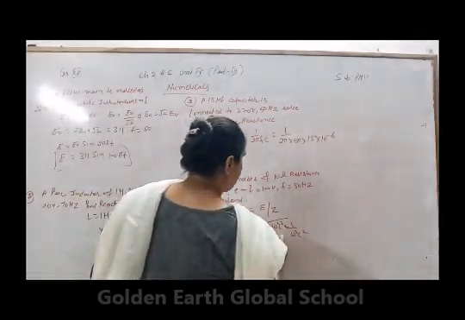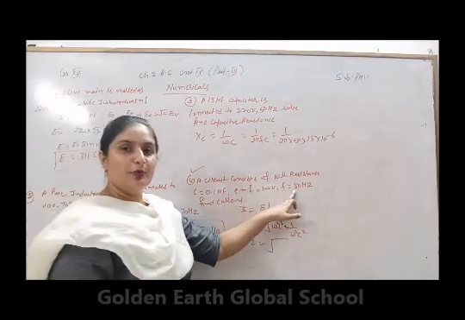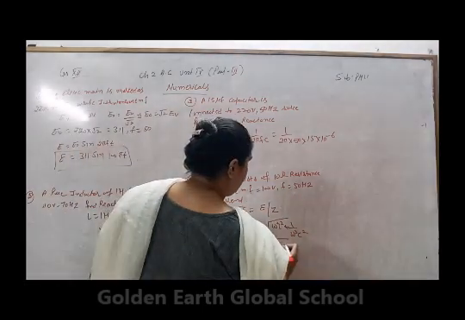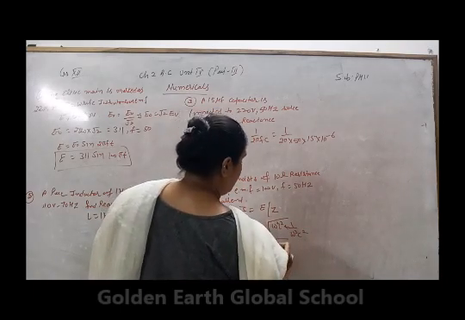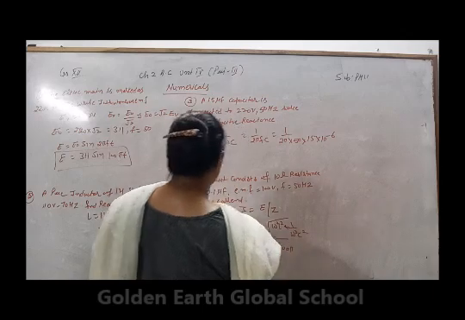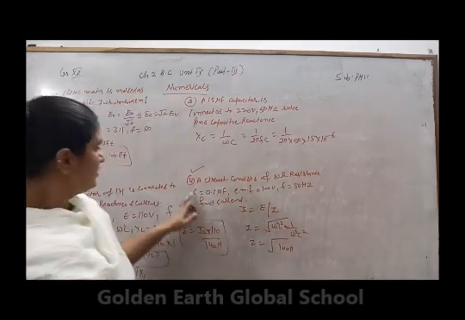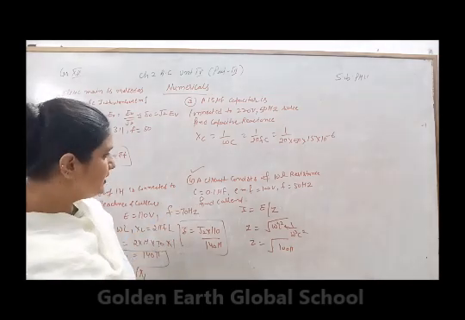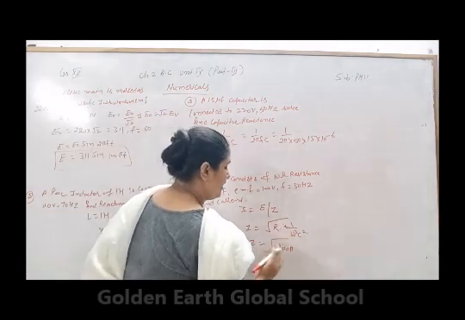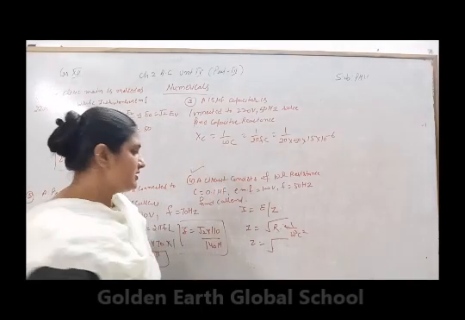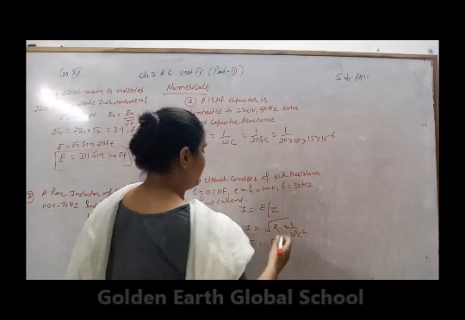From here Z will be equal to under root, omega you can calculate from 2 pi f. f is 50, means it will be 100 pi. Sorry, it is the CR circuit. Here will be R square plus 1 upon omega square C square. R is 10.